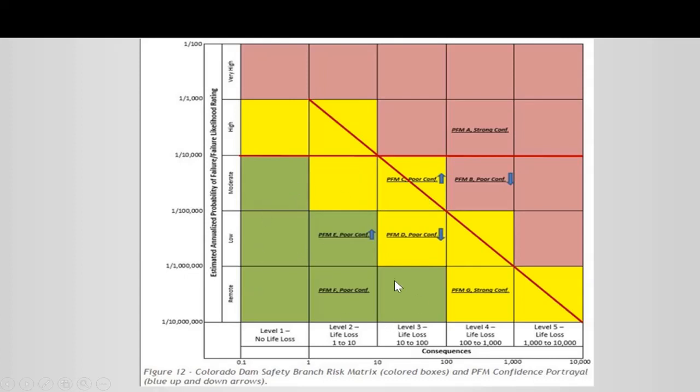If we're down here in the green, if the hydrologic risk plots in the green, it's okay. It's an acceptable level of risk by industry standards. But if the hydrologic risk plots up here in the red, structural measures are most likely going to be needed to reduce the risk to an acceptable level.